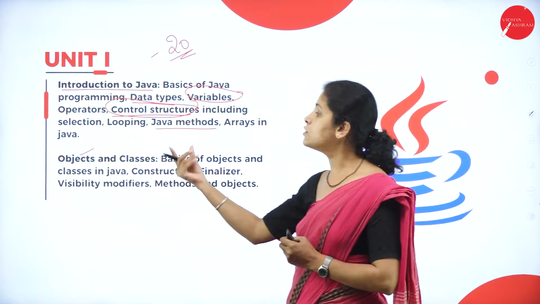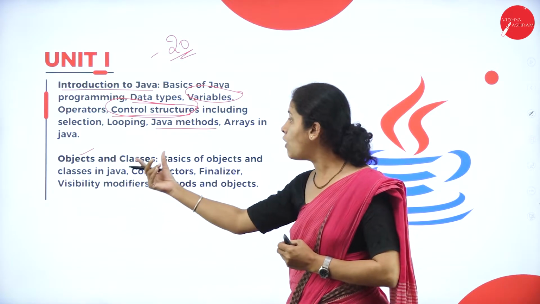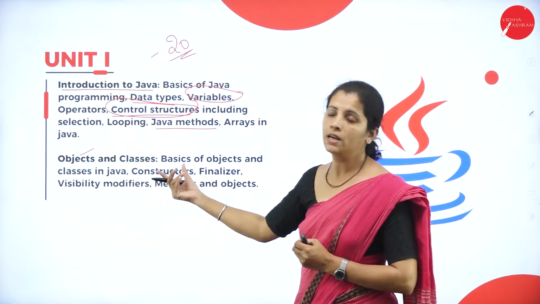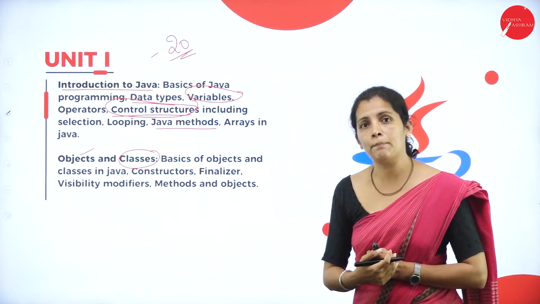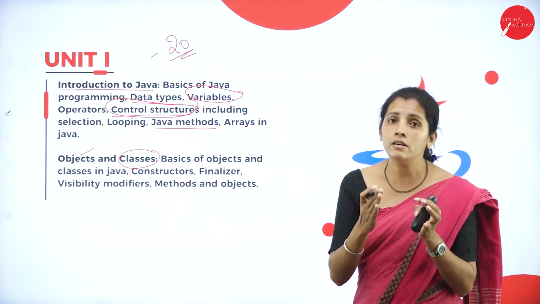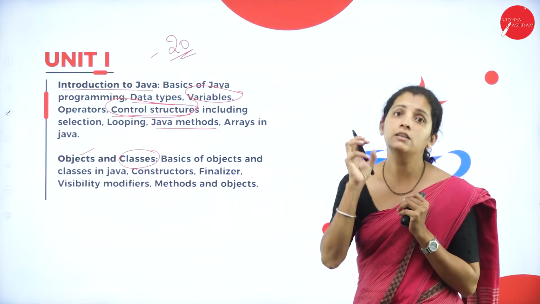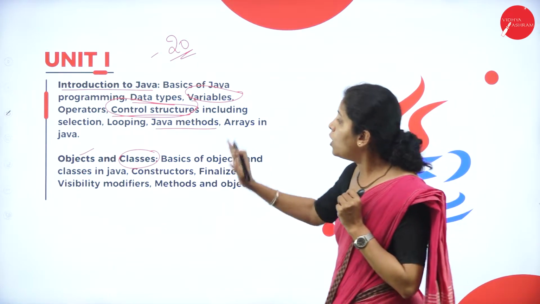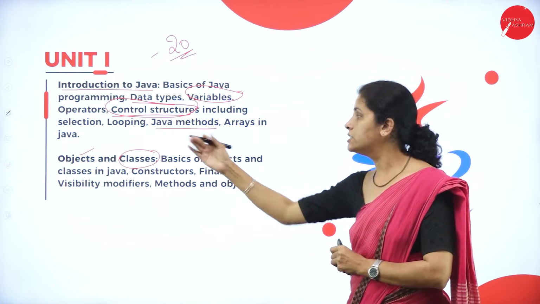So, what is an object? It is nothing but an instance of a class. Now, what is a class? It's mainly used to represent real-world entities or real-world problems. All those things we are going to deal with under the second chapter.